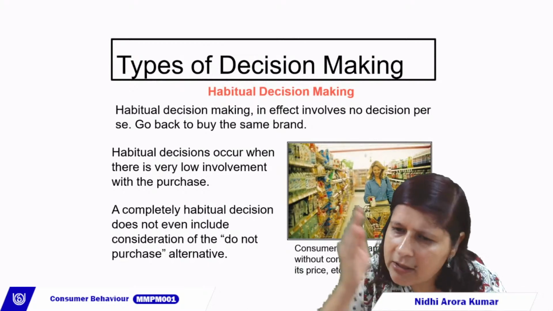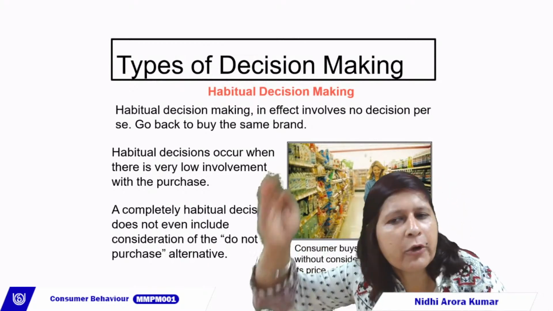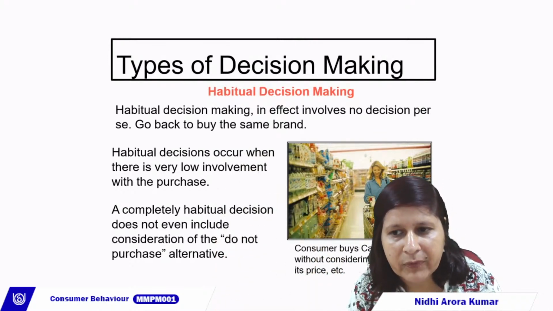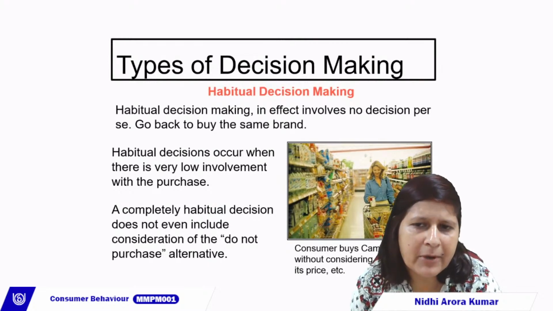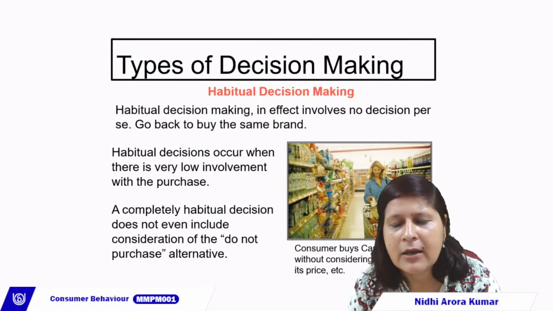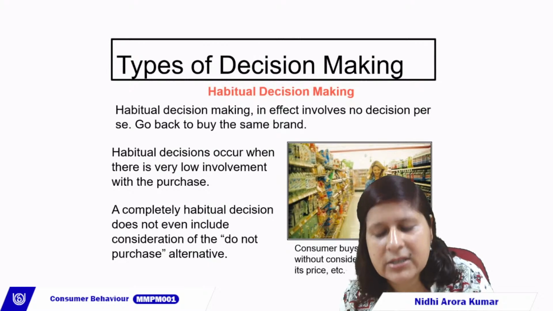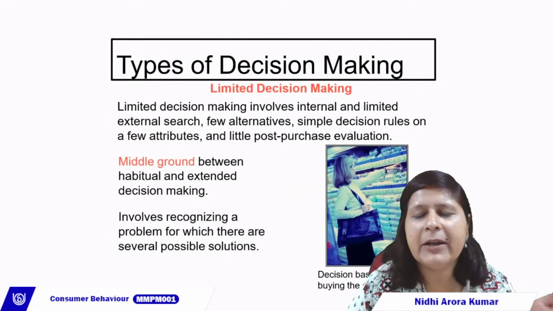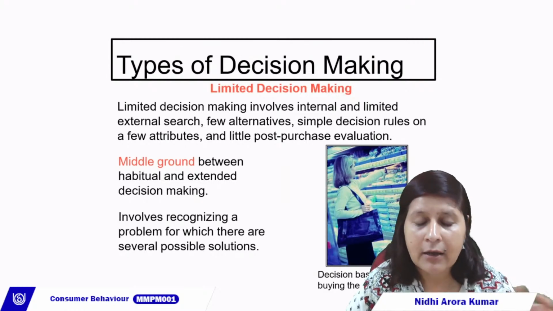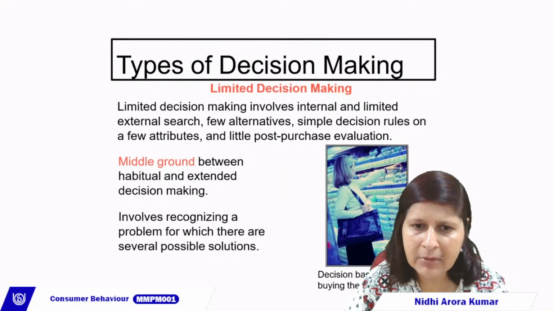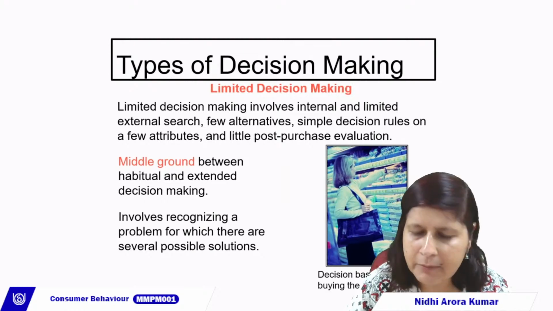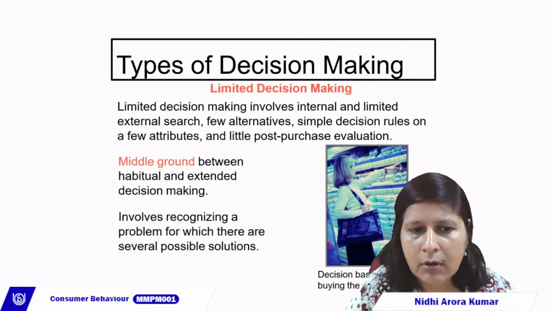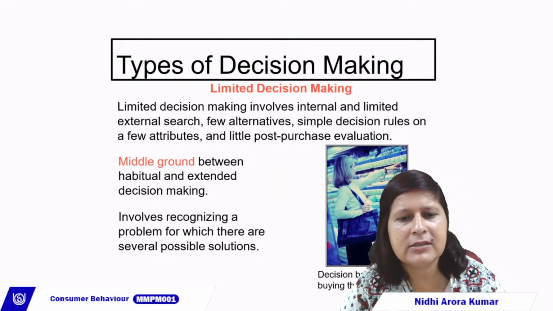We always just go and purchase the same product of the same brand. We don't even consider not purchasing. An example is bread. Habitual decision making results in low purchase involvement.